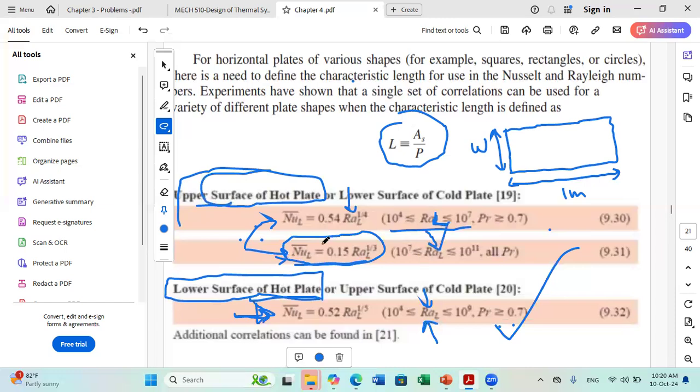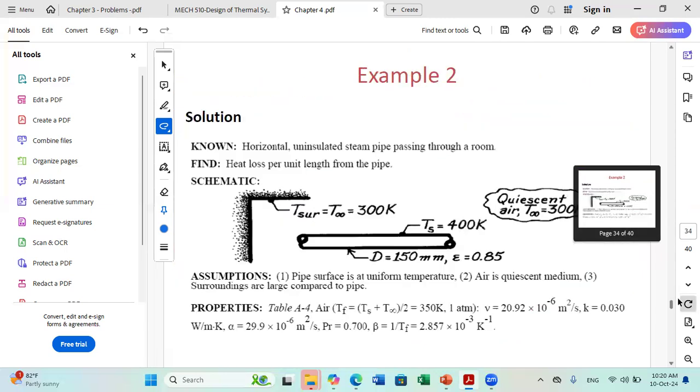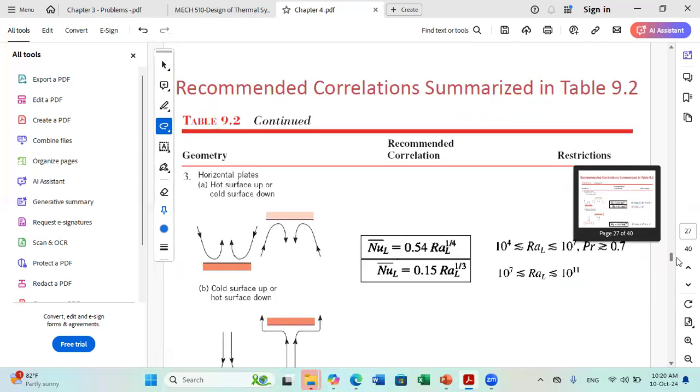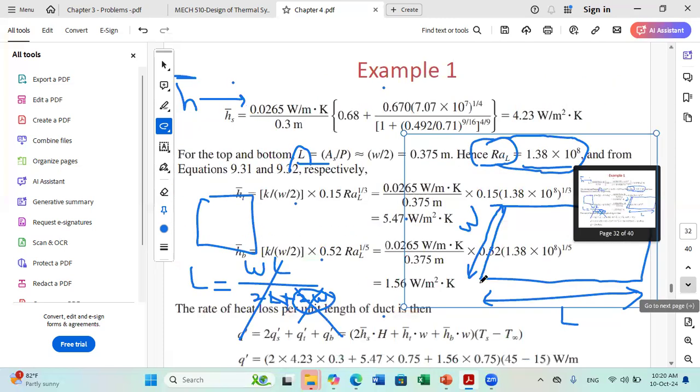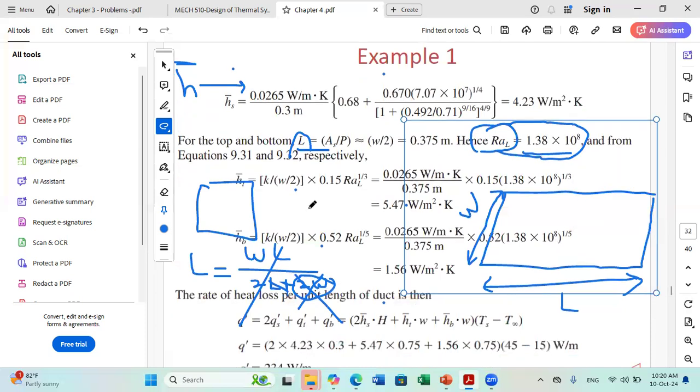And now, once we determined the formulas to be used, we can go back to our problem, and we replace in the formulas, one time for the case of top, one time for the case of bottom, and we get the corresponding value.